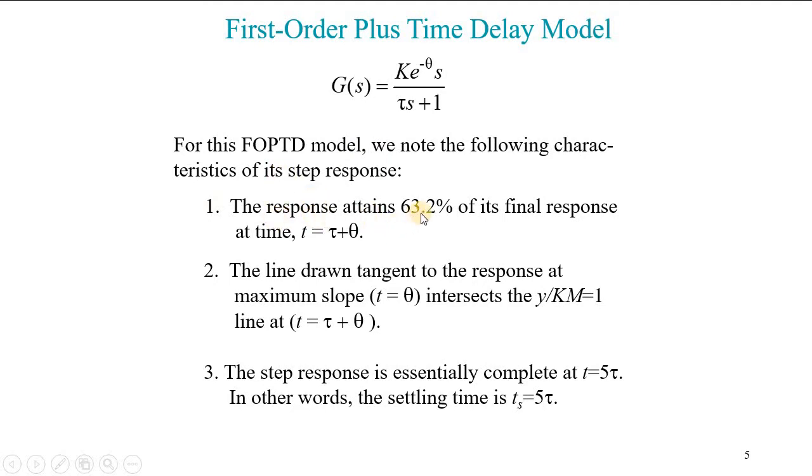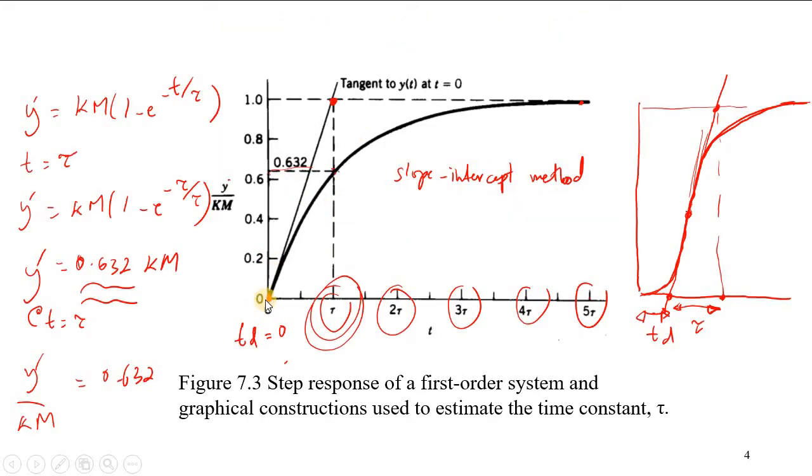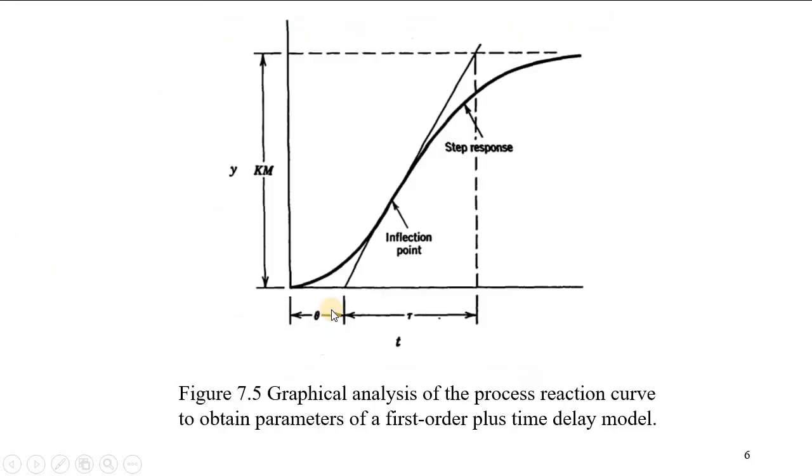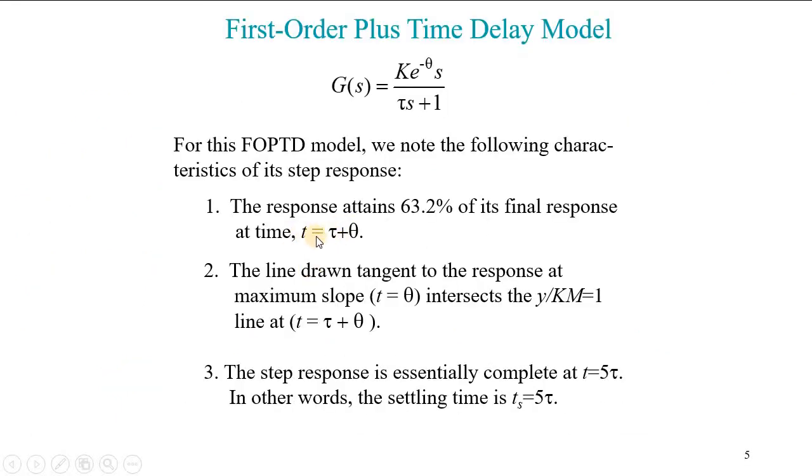The response attains 63% of its final response at t equal to tau plus theta, and theta here is the time delay. In the first figure, the time delay is equal to 0, so my t is equal to tau plus theta, which is 0. So my t is equal to tau.